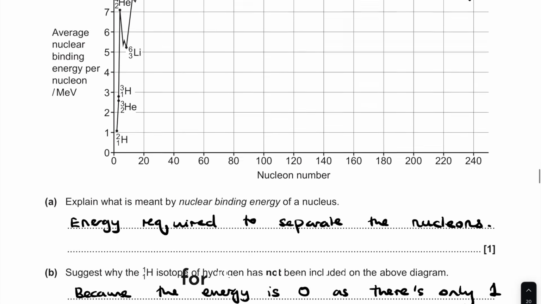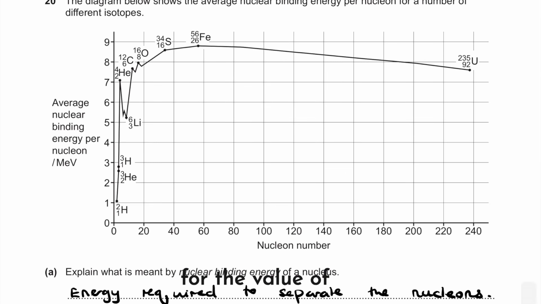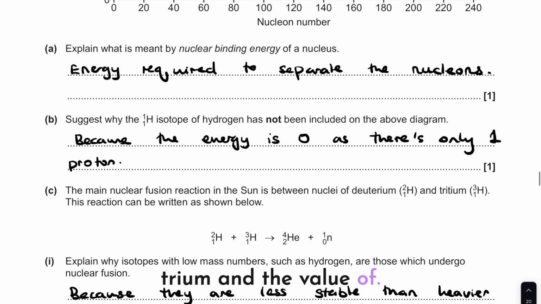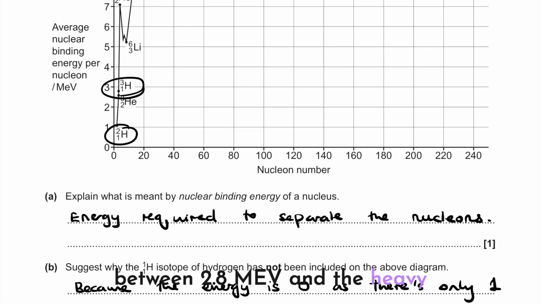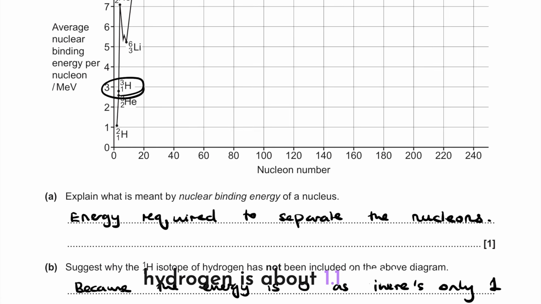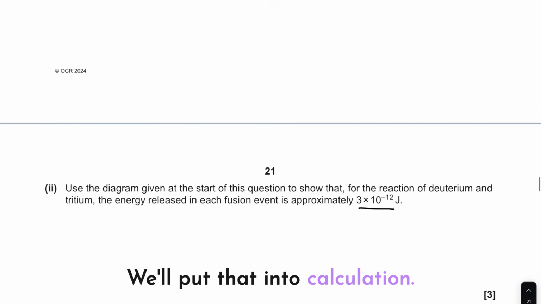For the value of deuterium and the value of tritium, that's about somewhere between 2.8 MeV, and the heavy hydrogen is about 1.1 MeV. So that's that. Okay, we'll put that into calculation.